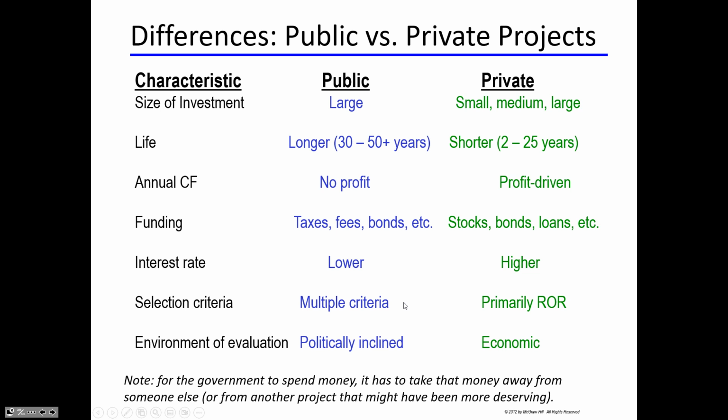If you're deciding, for example, to build a dam along a river, you may have to be balancing the issue of homes that are going to be submerged versus the flood control benefits. And so there's just a lot of different criteria, whether social factors, environmental factors, economic factors, just a lot of things that are being balanced out in a public project.